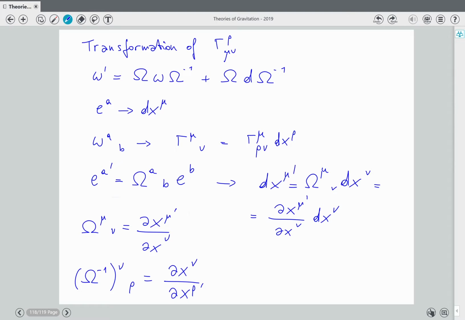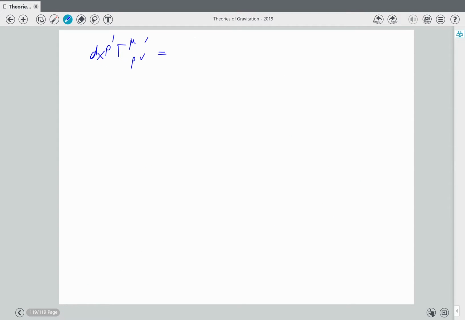We will do it later when it will be necessary. So for the moment, that is just omega mu alpha gamma alpha beta delta dx delta, and then there is omega minus 1 beta nu. Plus omega mu alpha d omega minus 1 alpha nu.